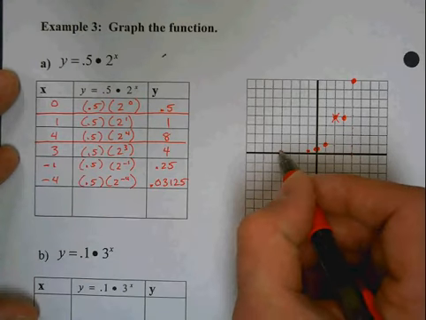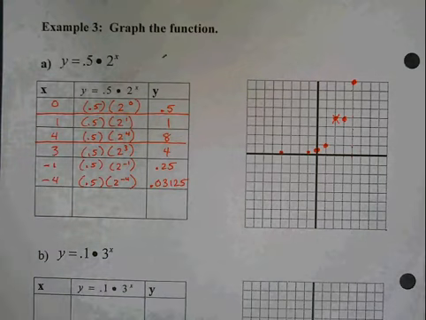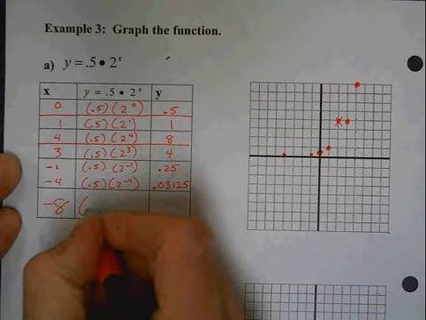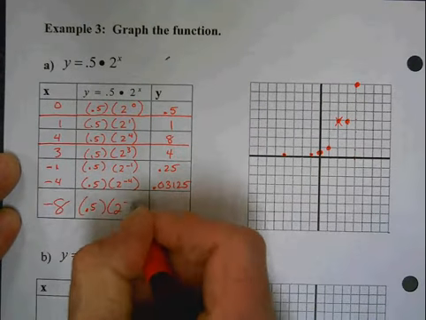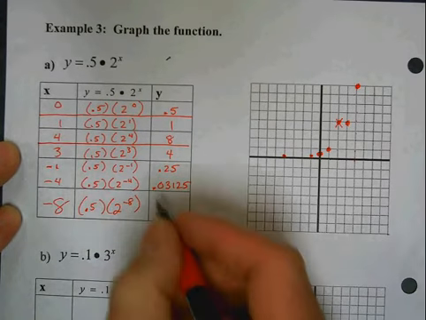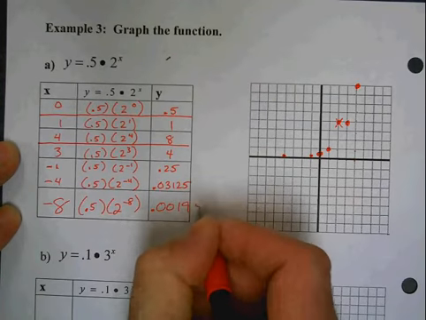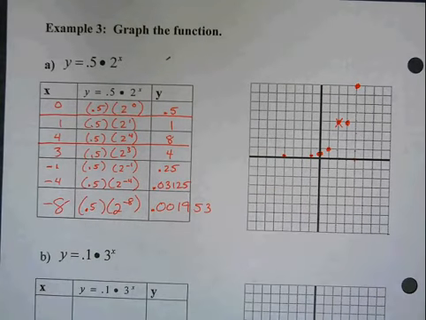Do you think we're ever going to touch that line? Just for the sake of it, put in negative 8. See what you get. Plug in negative 8 right now. Let's see what we get. Go ahead, Abby, read it. 0.001.